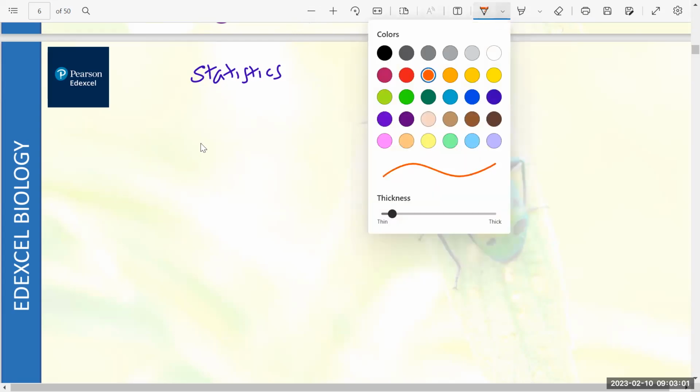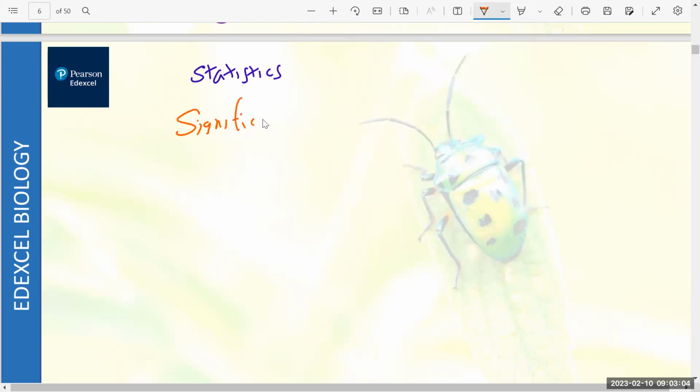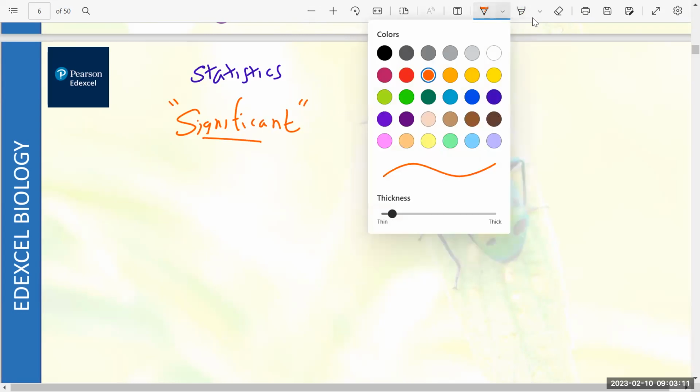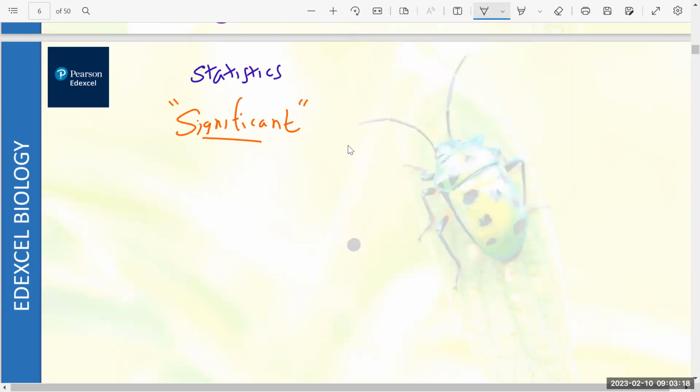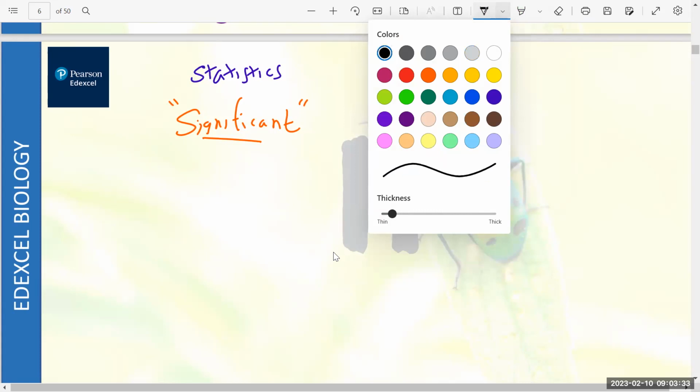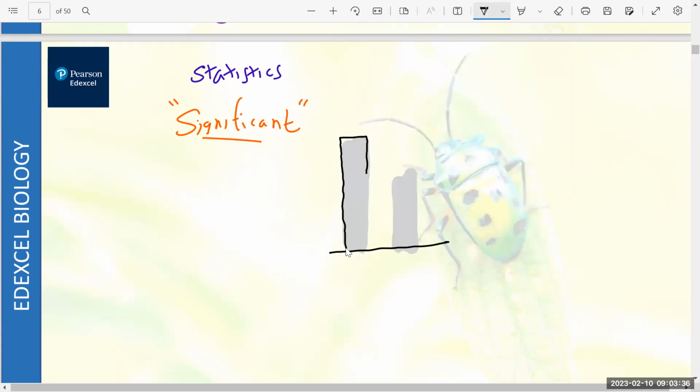So this word significant is very important, and if you remember what we actually did, if we have a graph like this, and this is the second one, to compare A and B the values, we use the error bars or standard deviation for the comparison.